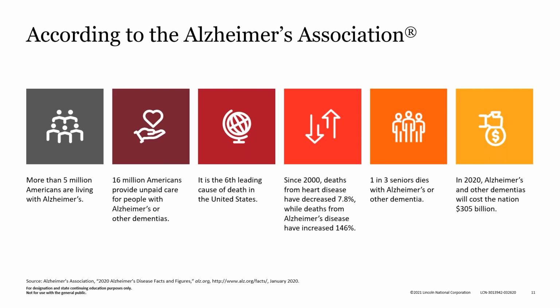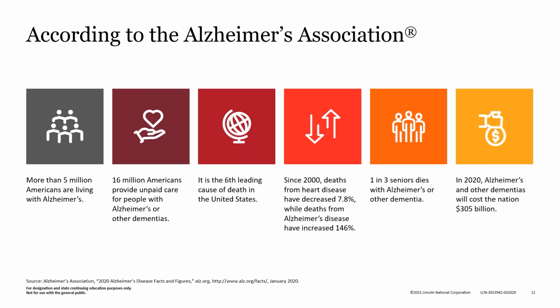If we think back to that last slide and the number of individuals 65 and older dramatically increasing over the next 10 to 30 years, we're going to continue to see the deaths from Alzheimer's continue to increase. Hopefully, as the medical community continues to look for a cure, we'll see that tick down, but at the direction it's going, it's not.